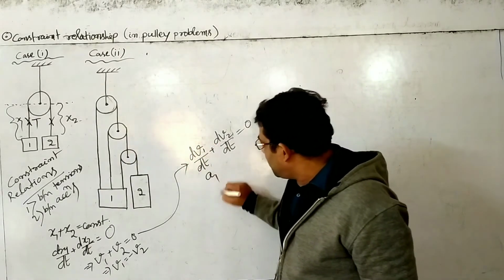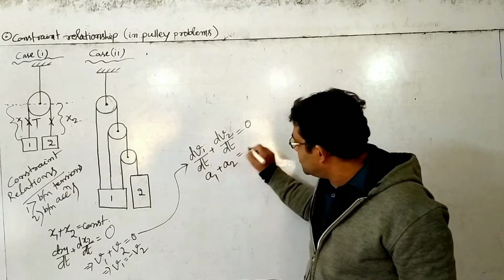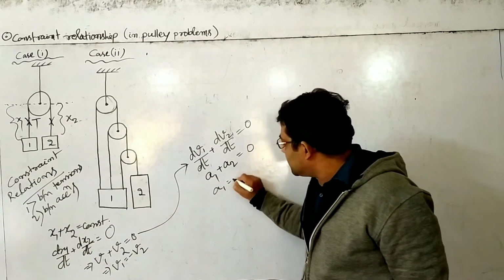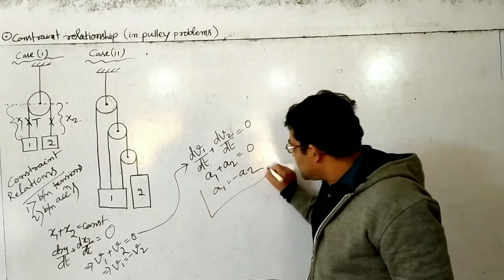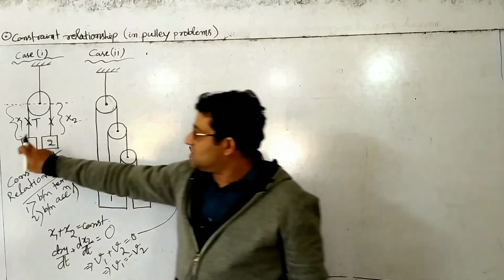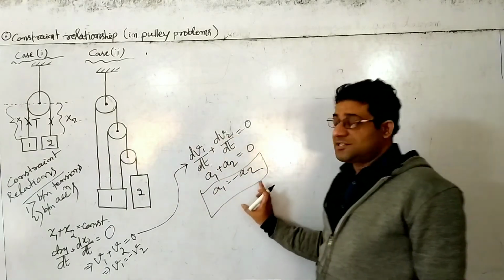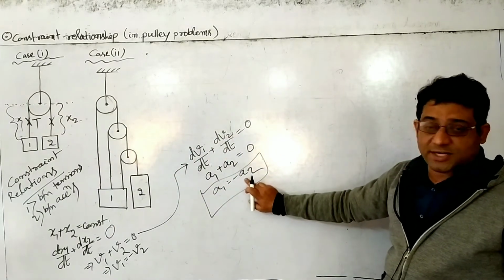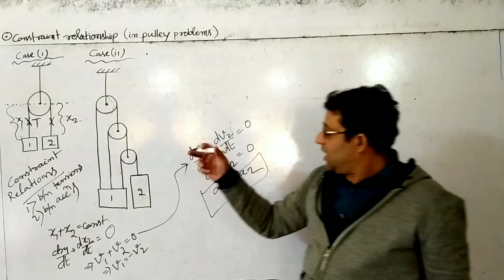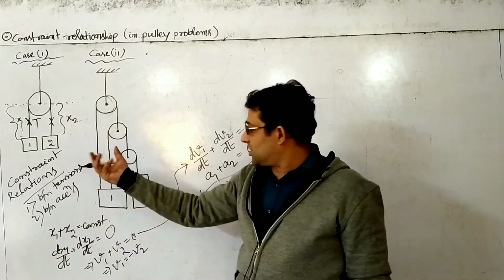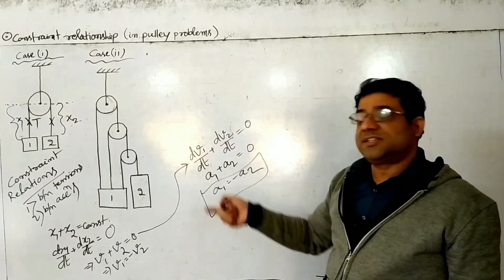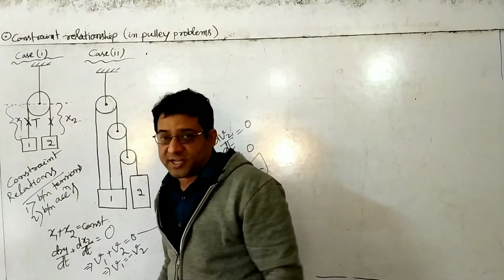So the acceleration of block 1 plus the acceleration of block 2 is equal to 0, or a1 is equal to minus a2. This is the constraint relationship. The relationship between the accelerations of block 1 and block 2 is a1 equals minus a2. That means magnitudes are the same. If one block is moving with 2 meter per second square, the other block will move with the same 2 meter per second square but in the opposite direction.